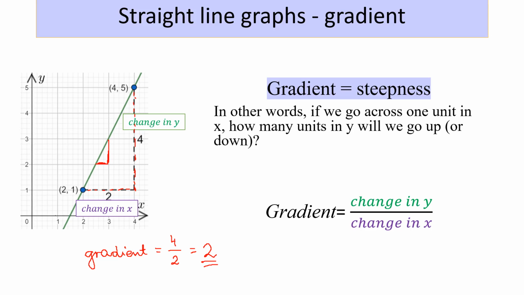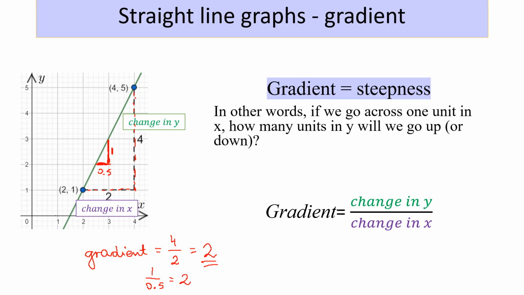Let's have a look at the tiny triangle that I've drawn as well. Here you go across only half a unit and then you go 1 up. If I use those 2 values, then my change in y is 1 and my change in x is 0.5, and 1 divided by a half is 2.